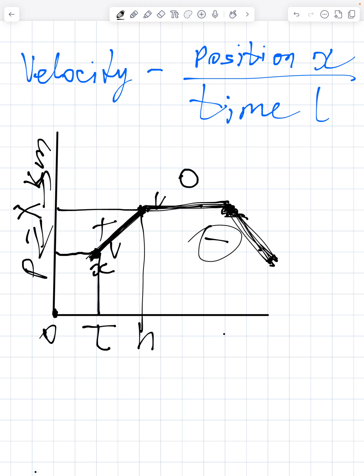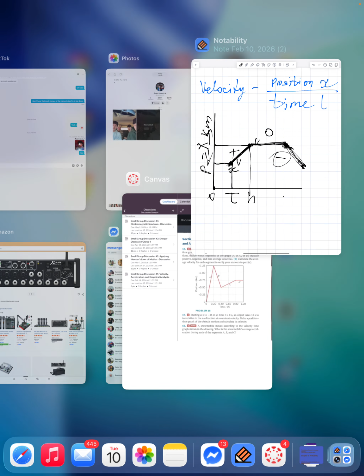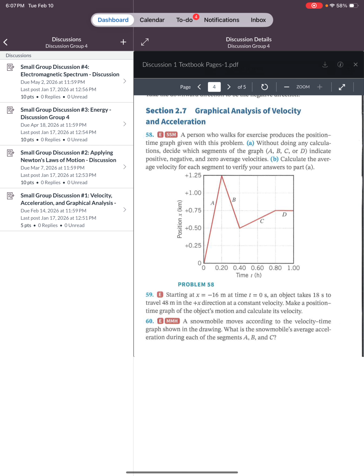So now, let's go back to our problem, and let's read our problem together. Problem 58. A person who walks for exercise produces the position time graph given with this problem.